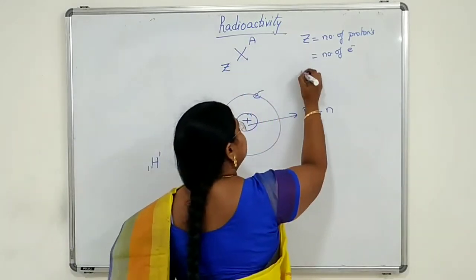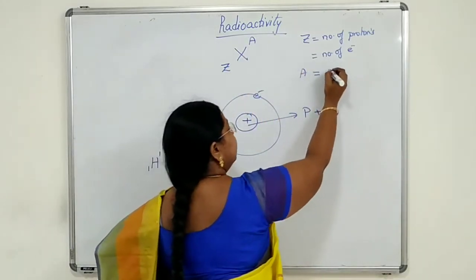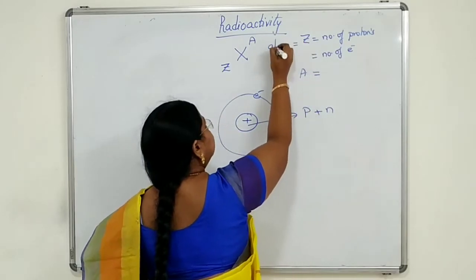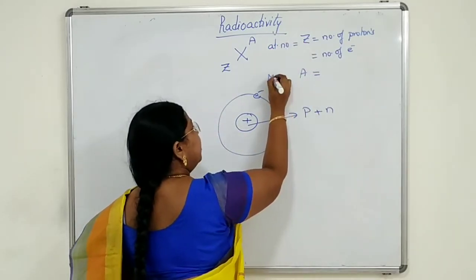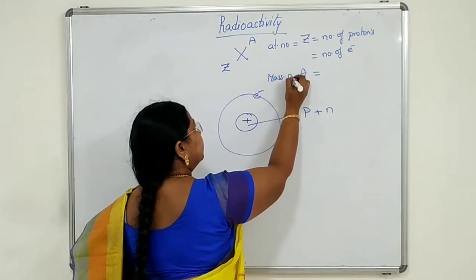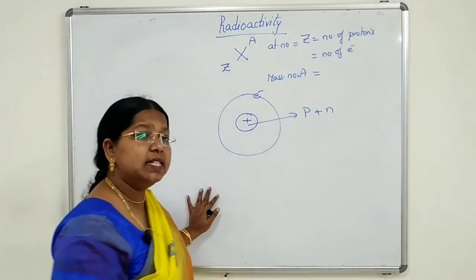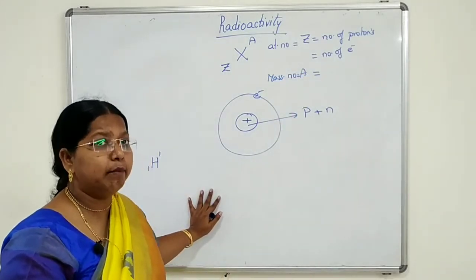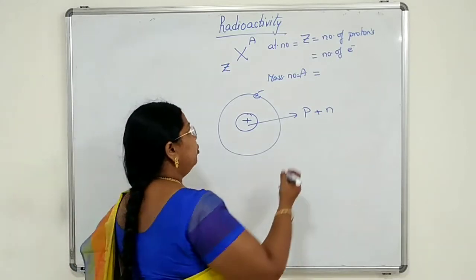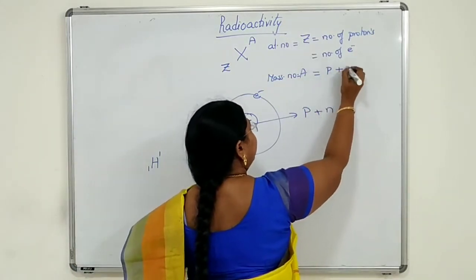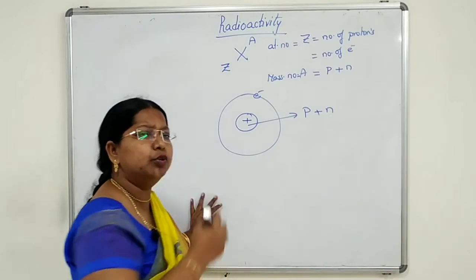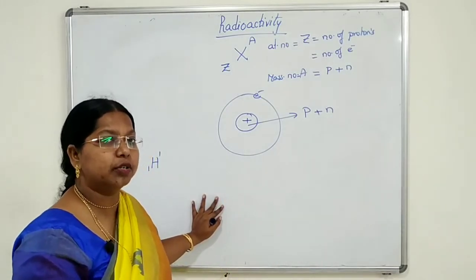And A is the mass number. Mass number is the sum of the number of protons and the number of neutrons. Both together are called nucleons.